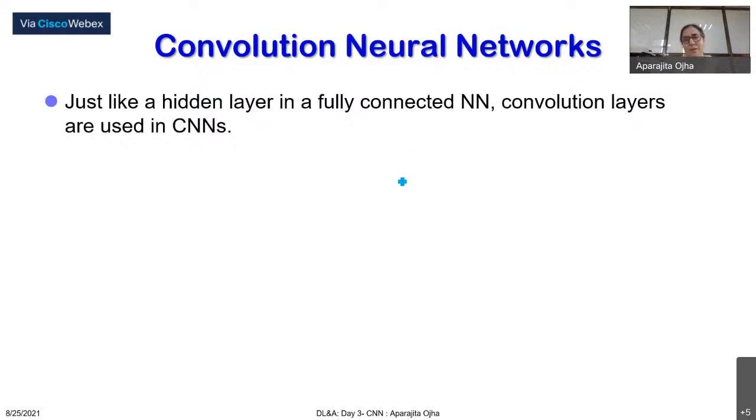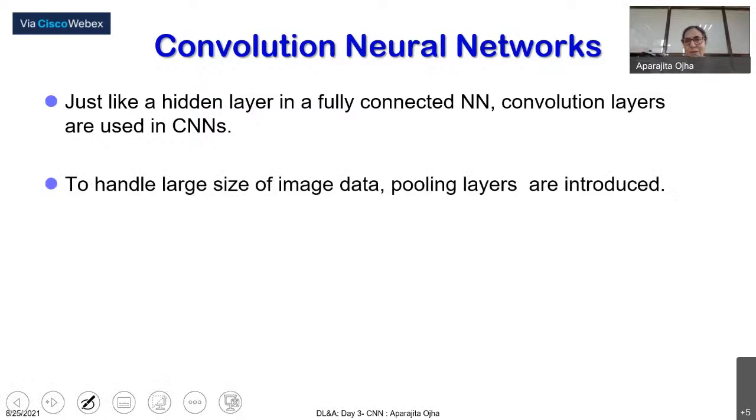So just like a hidden layer in a fully connected network, my dear friends, convolution layers are introduced in CNN. Let us understand what exactly is the convolutional operation. In a couple of minutes, I will tell you what exactly is done in a convolutional layer.